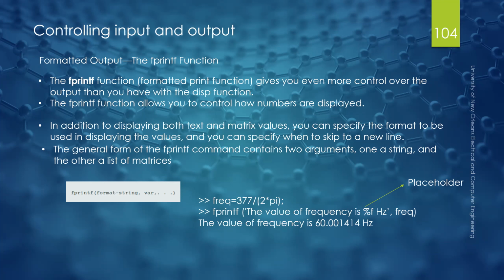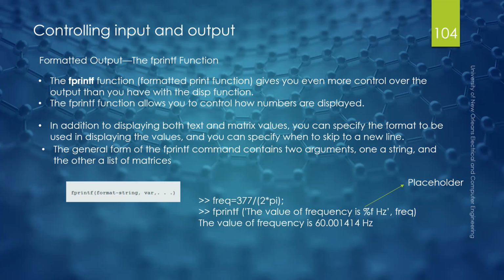So the general form for the fprintf function or command is that it has two arguments. One is a string, and the other one is a list of matrices. You have fprintf followed by parentheses, and inside the parentheses you're going to have a format string and one or more variables.